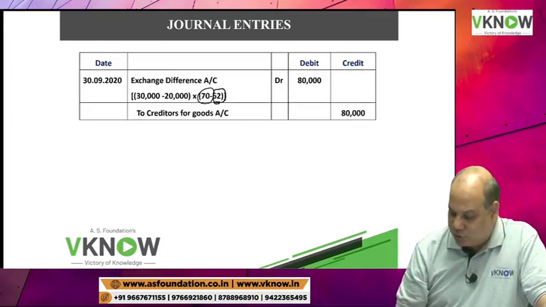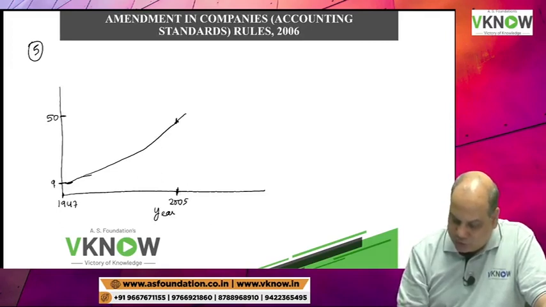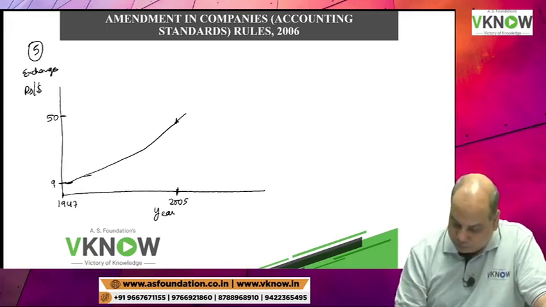Okay, back to this question. Back to this discussion. You are distracting me. So in year 2005 or 6, the exchange rate is rupees per dollar 15. See the reason for this amendment.